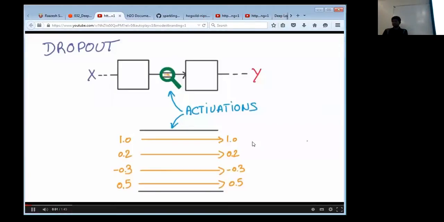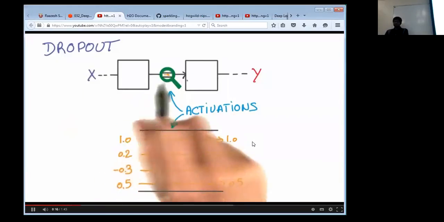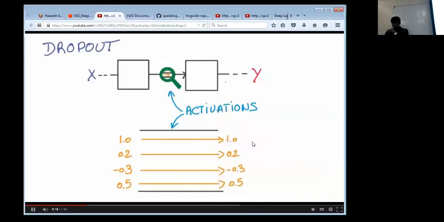There is another important technique for regularization that only emerged relatively recently and works amazingly well. It also looks insane the first time you see it, so bear with me. It's called dropout. Dropout works like this. Imagine that you have one layer that connects to another layer. The values that go from one layer to the next are often called activations.